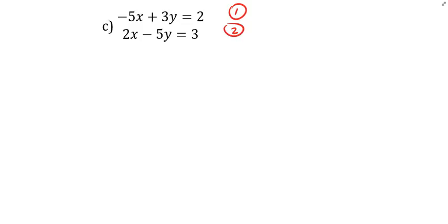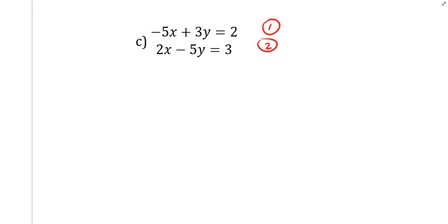Okay, so anybody have an idea? What can I turn both of either the x's into or both of the y's into? The x's for both have to be the same, or the y's for both have to be the same. You can turn both of those x's into 10.